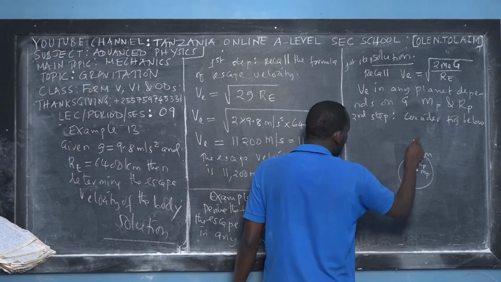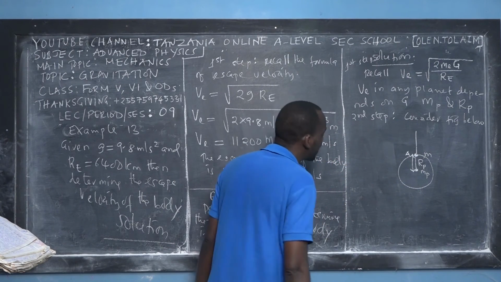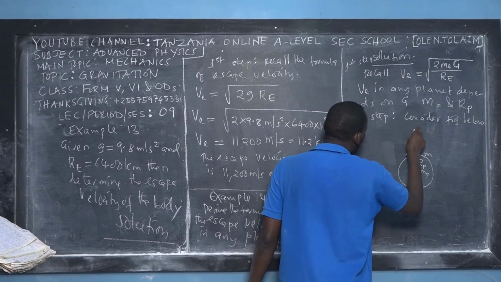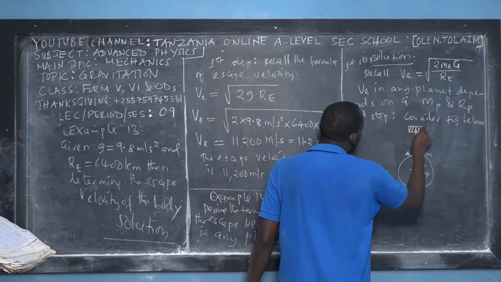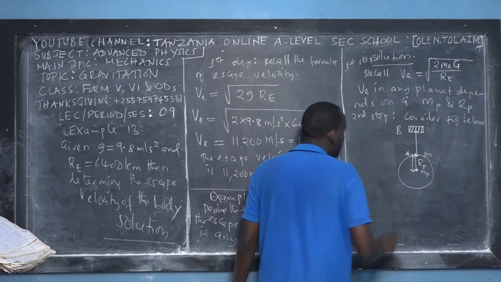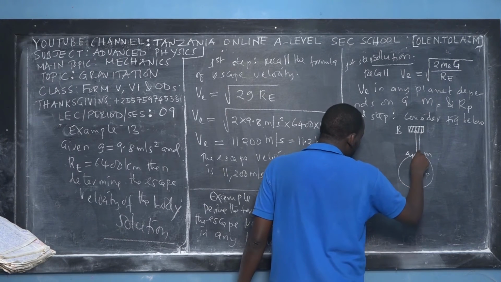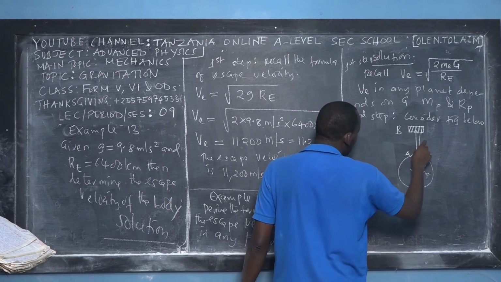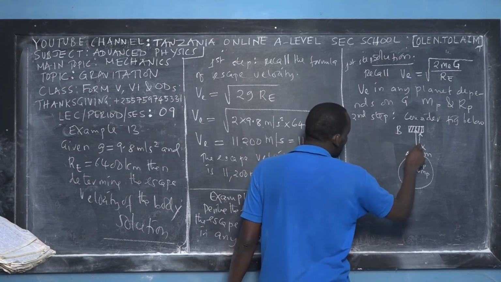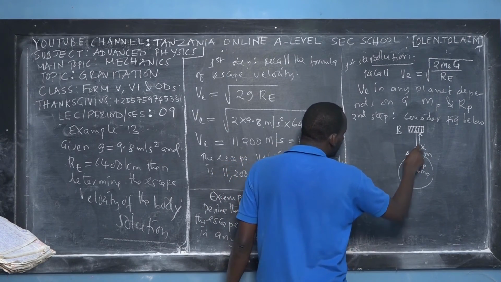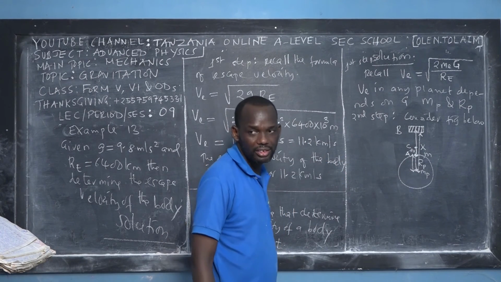Suppose this is point A, and the intention of an astronomer or spacecraft specialist is to take a body from a certain planet, from Jupiter, to a certain distance, which we call B, right? The distance between point A and the center we call x, and the small distance through which we took this body is also x.